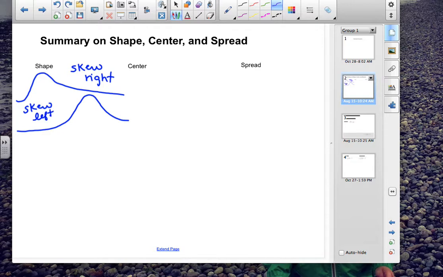And we said that when we had these distributions, the median was closer to these peaks, closer to these modes. The median really represented the data well, while the mean was getting pulled towards the more extreme values. And so the mean didn't really represent the data.